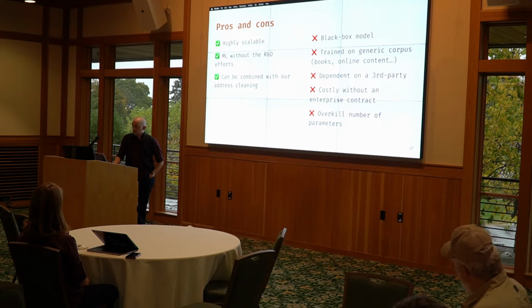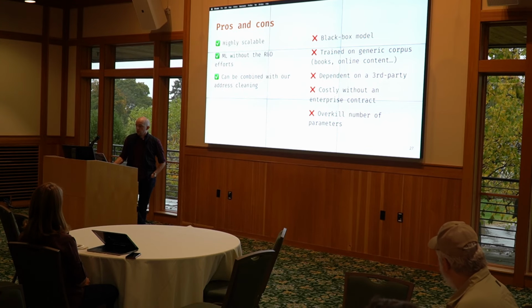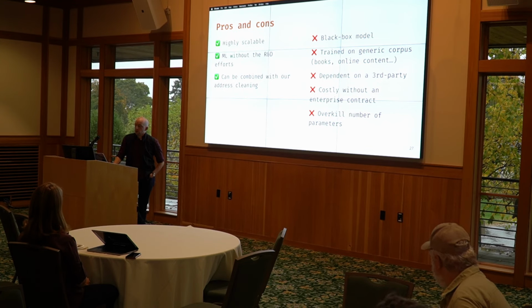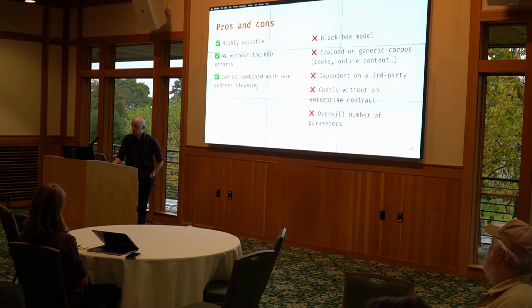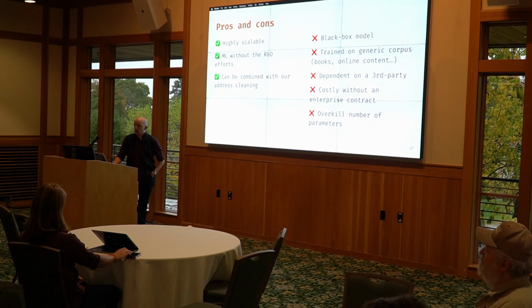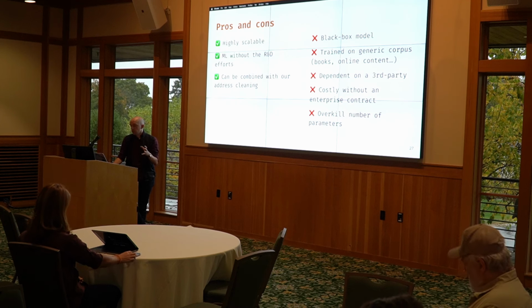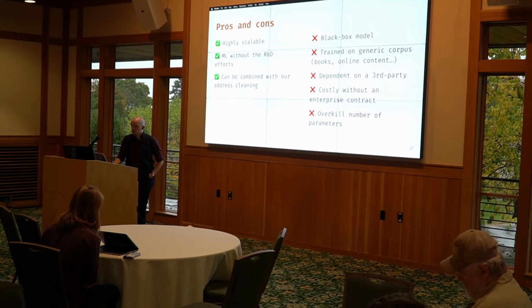When it comes to pros and cons, since we're embedding in a cloud-based product, we're highly scalable. We are now doing some ML, but without having the need to gather our own training data, design our own architecture, train our own model, monitor and retrain. And this embedding, because it's fairly flexible, can be done on either the raw text or the cleaned up version of the address that we produce during the second solution.